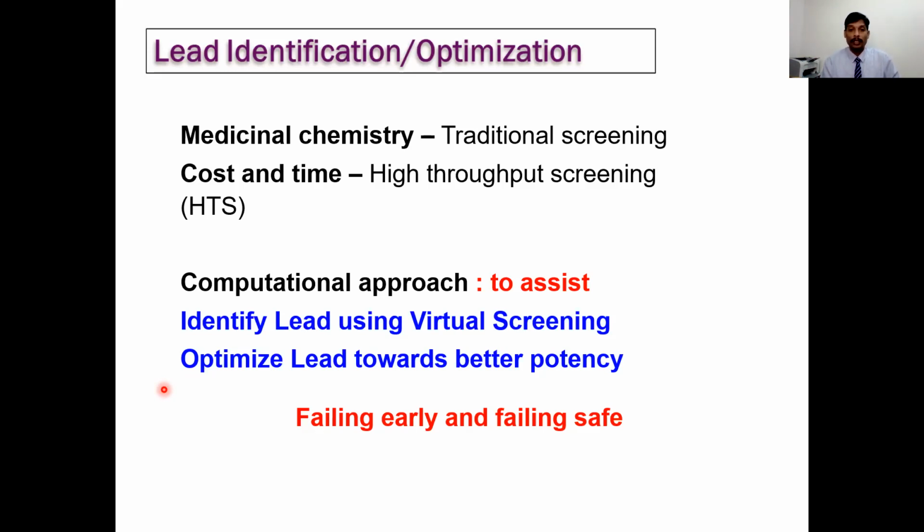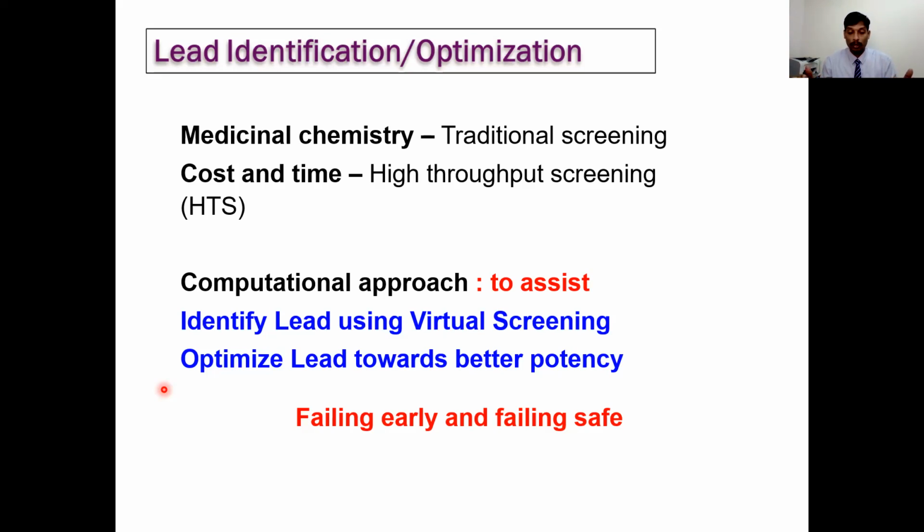When we start with hundreds or thousands of molecules, you may end up with a few hundreds. In fact, in vitro may be more accurate, but it may take 2 to 3 years. If you do the virtual screening, it can reduce the 2 to 3 years, but of course you may not be able to identify as exactly as in vitro; it will give a little bit more number of targets than in vitro.